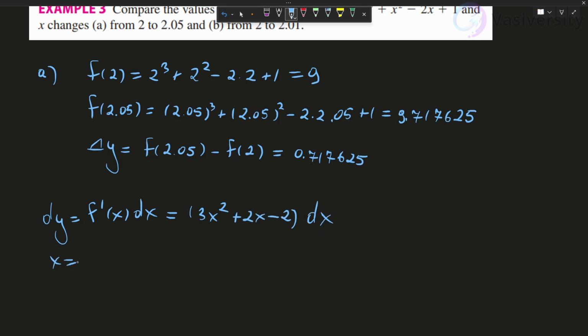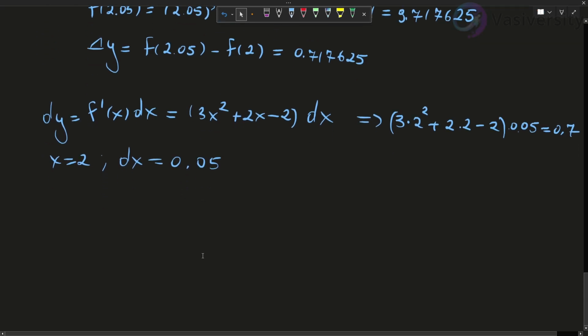We know that x is equal to 2, and dx, which is the step, is 0.05. So we will have 3 times 2 squared plus 2 times 2 minus 2, times 0.05, and that's equal to 0.7, right? So we are overshooting quite a lot. Now if we do 0.01, we actually will get closer.